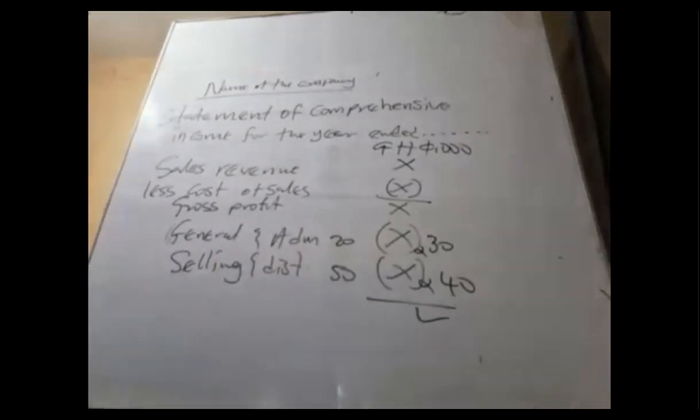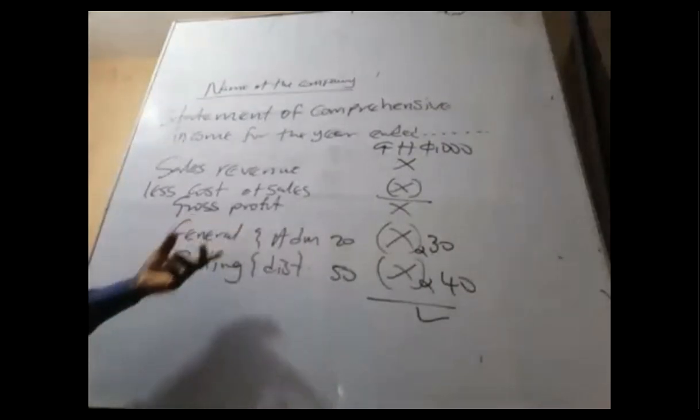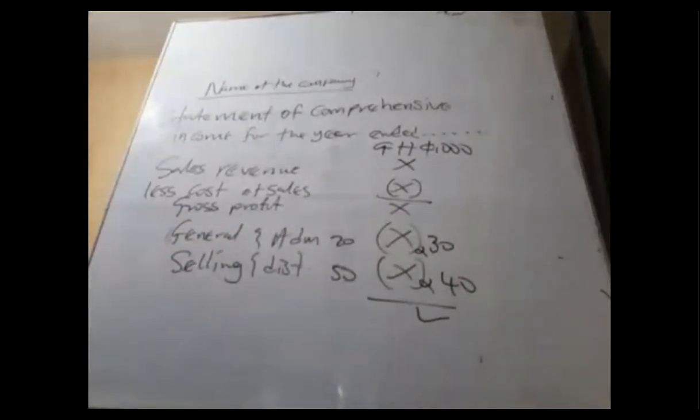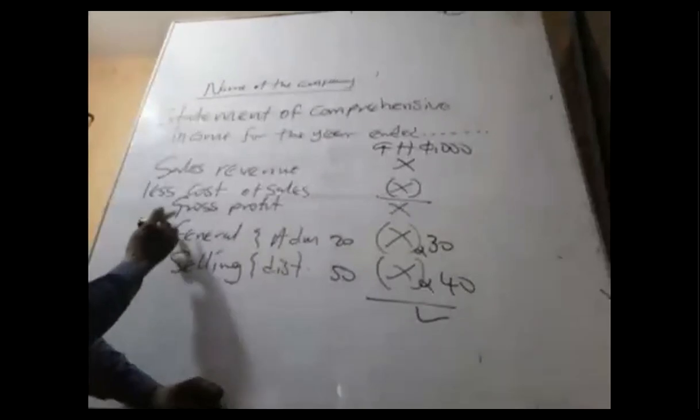Why? Because certain expenses, if you're confused or probably you might not be in the right mood to determine whether you should go to general administrative expenses or the selling and distribution, why can't we apply or go in for a comprehensive insurance? So let's take insurance. Insurance is there to help us recover losses. Why can't we go and prepare a working and combine these costs together as one?